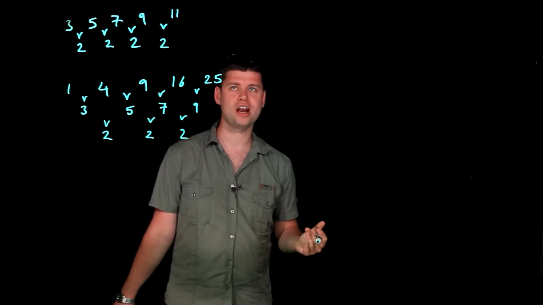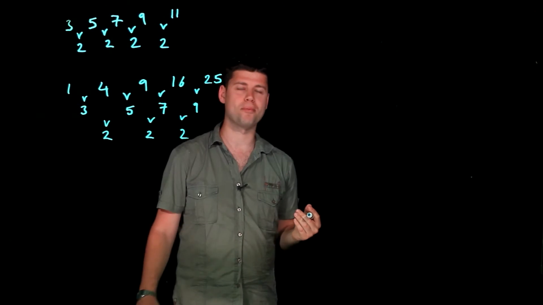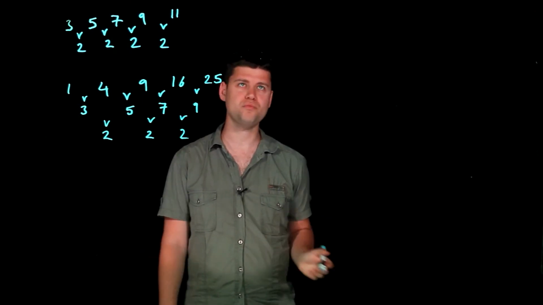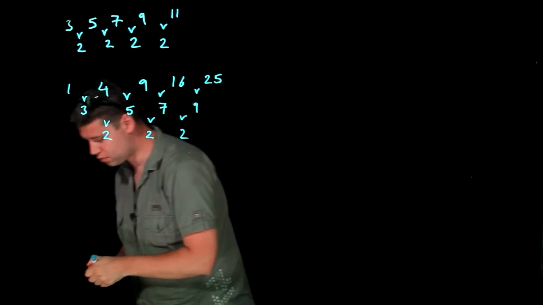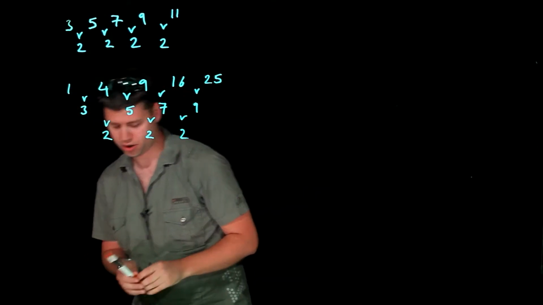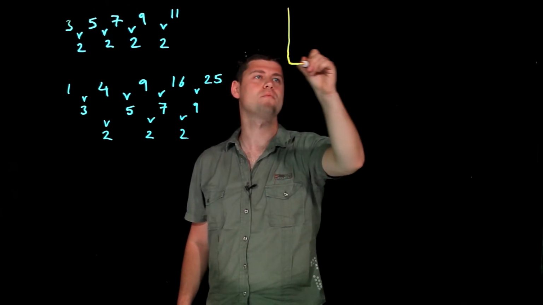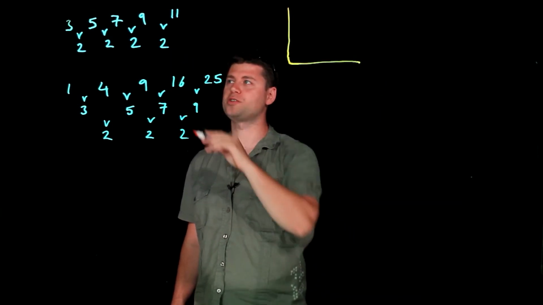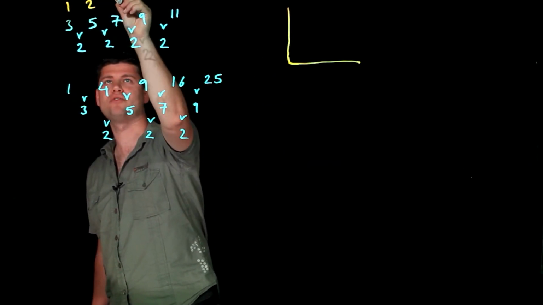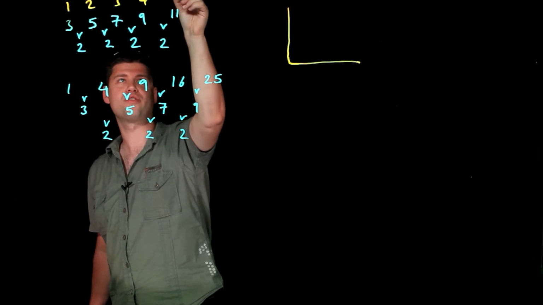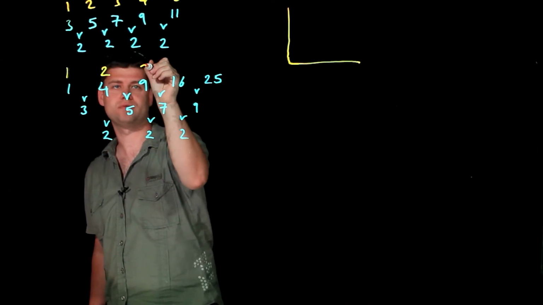Now, we can probably clarify what that means by looking at how this would be if we plotted it on a graph. So, if I have a look at this sequence here on a graph, I'm going to use a different colour pen to illustrate this. If we plot this point here, this is our first number, this is our second number in the sequence, third, fourth and fifth, and exactly the same down here as well.